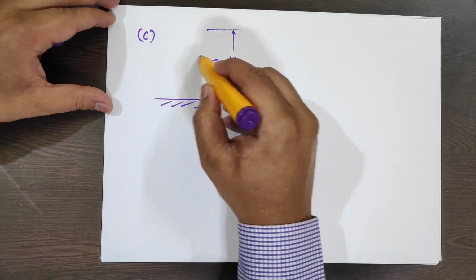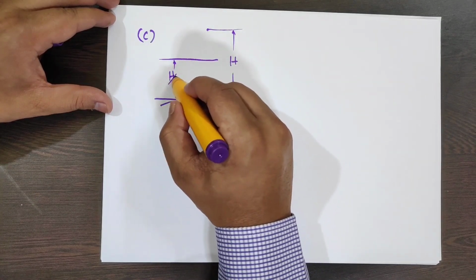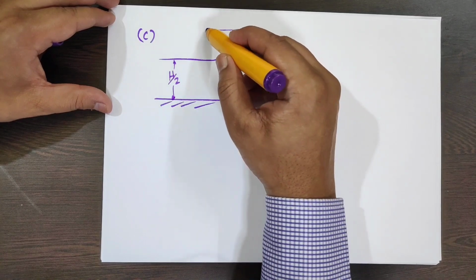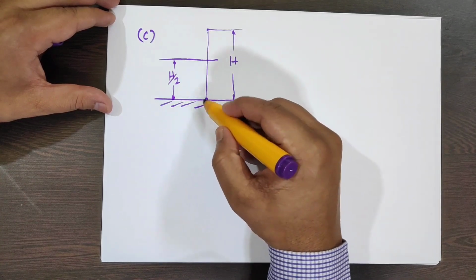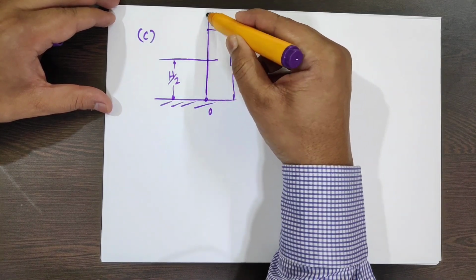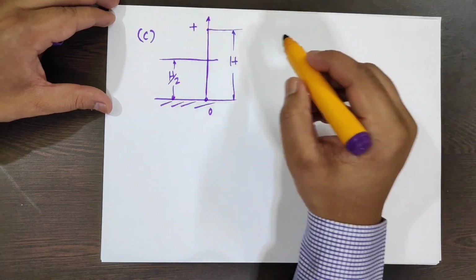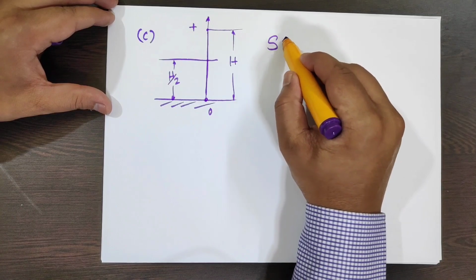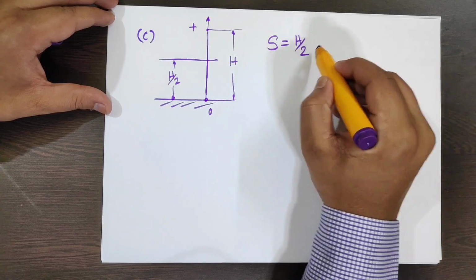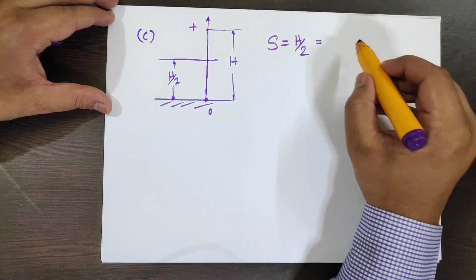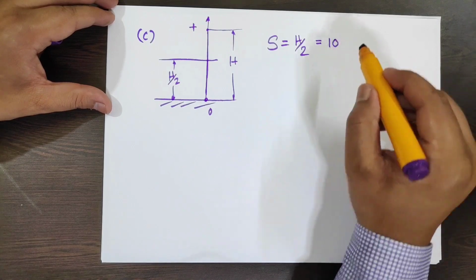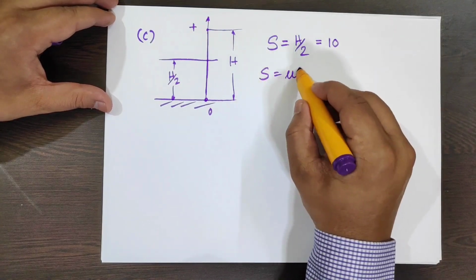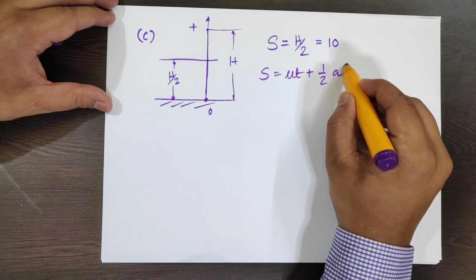So h, put it h by 2, and see, you have chosen the 0 here and the axis upwards, so you will put s equal to h by 2. The maximum height came out to be 20, so that's 10, and you will apply s equal to ut plus half at square.